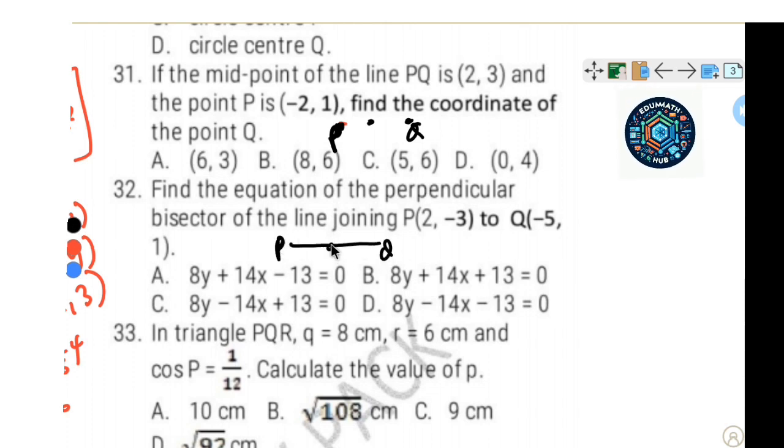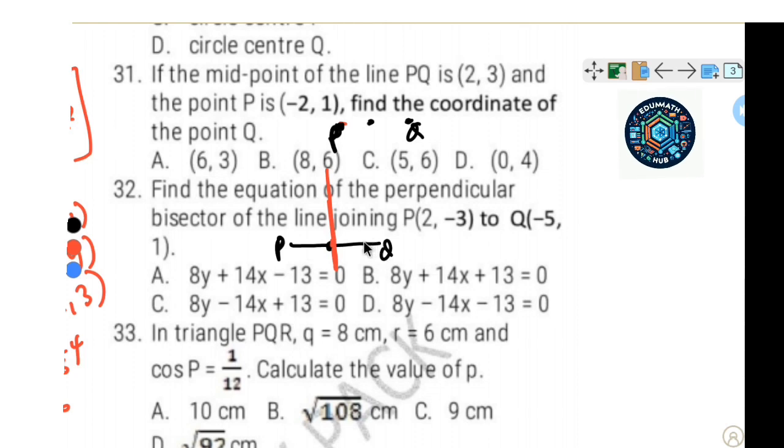So this is the middle of P and Q. So use the midpoint formula to get the middle. After getting the middle, you draw a perpendicular line like this, passing through the middle like this. So you have to find the equation of this line. Don't forget this. The equation of this line will have the opposite gradient to this line.